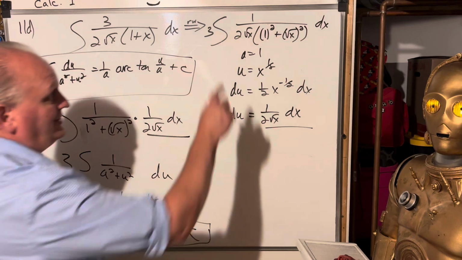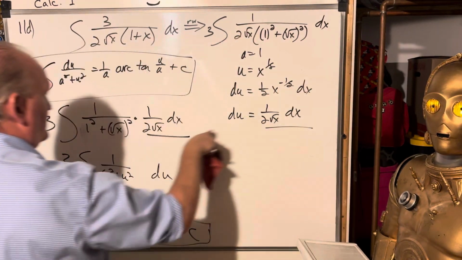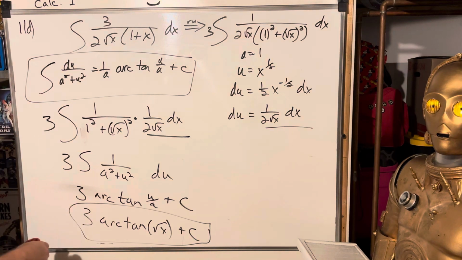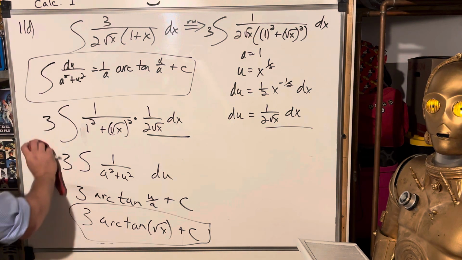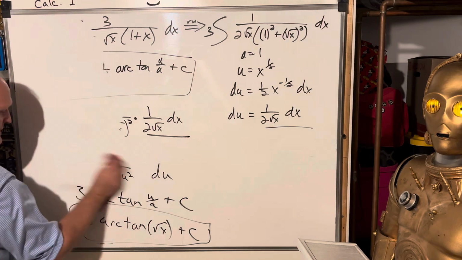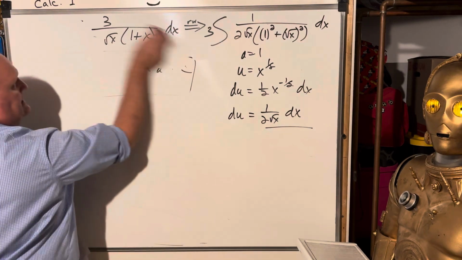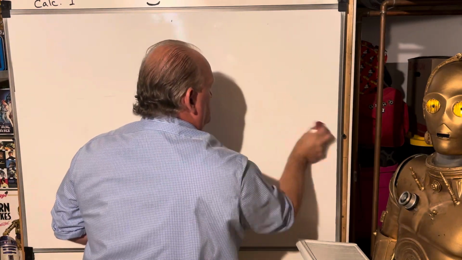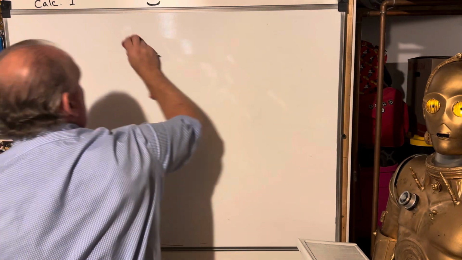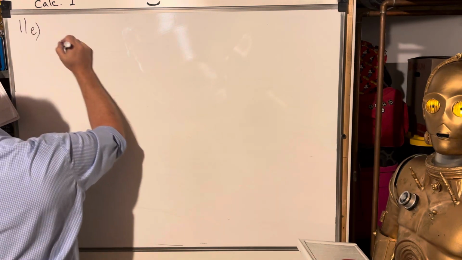So that looked like they kind of wrecked the whole thing, but that really kind of saved us. So we didn't have to solve anything weird or anything. All right, it was still a hard problem. Let's look at 11E.